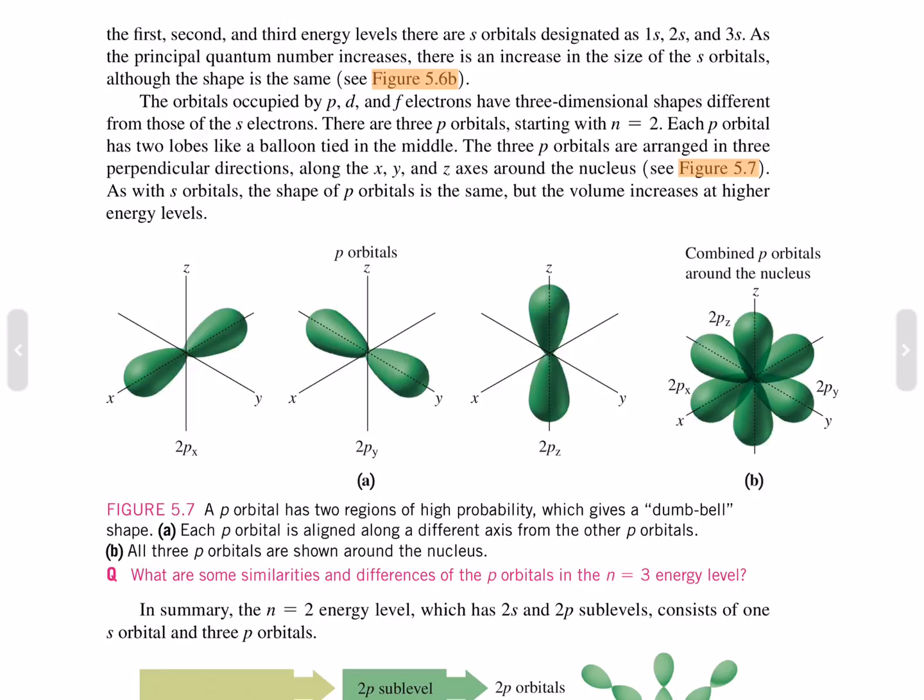There are 3 p orbitals starting with n equals 2. Each p orbital has 2 lobes like balloons tied in the middle. The 3 p orbitals are arranged in 3 perpendicular directions along the x, y, and z axes around the nucleus. As with the s orbitals, the shape of p orbitals is the same, but the volume increases at higher energy levels.